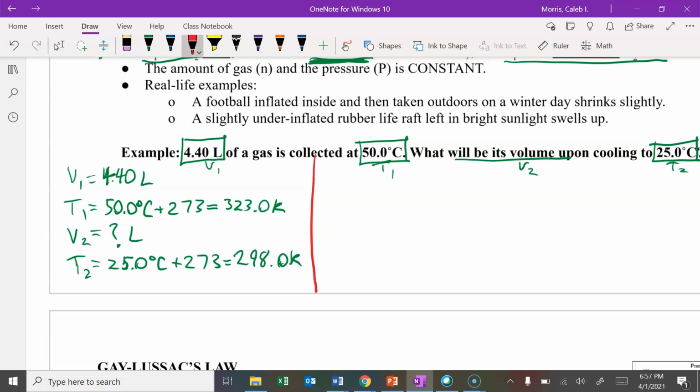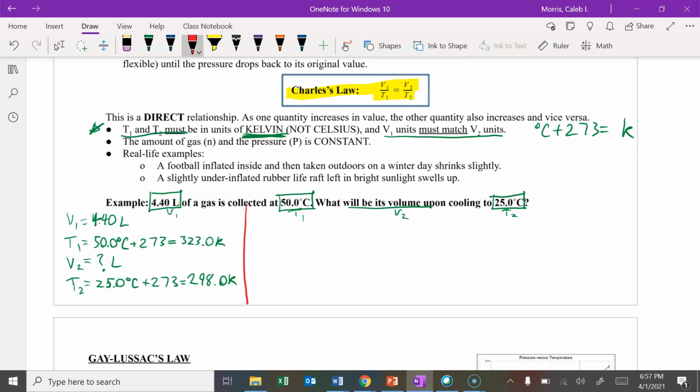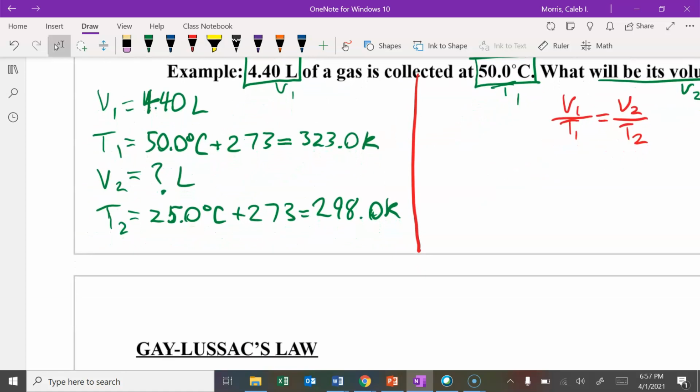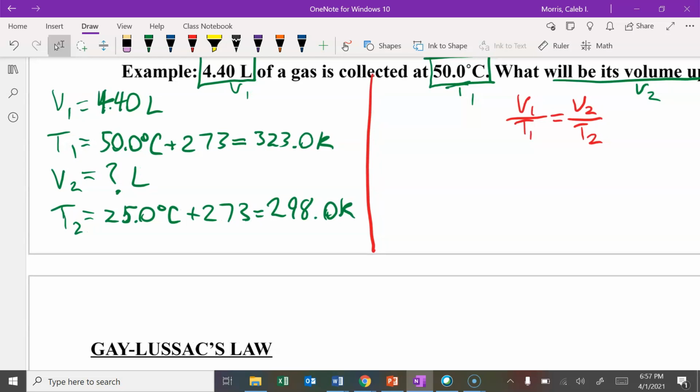Now we can plug in our numbers and solve, now that we have matching volume units and temperatures in Kelvin. So our equation again is V1 over T1 equals V2 over T2. We're going to be using cross multiplication to solve this for the most part. If you got another method that you like in algebra, that's acceptable. This is just one way that seems to be pretty easy for a lot of students.